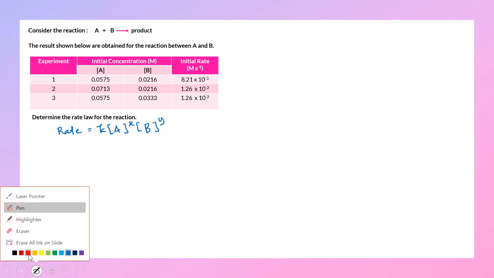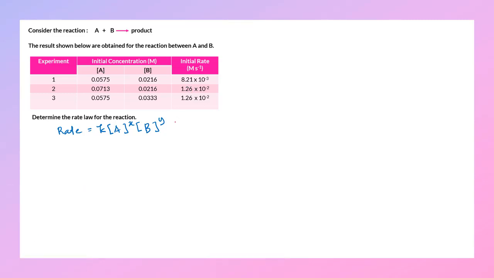In order to determine Y, we can use data where the concentration of A is the same. So we can use data from experiment 3 and experiment 1.